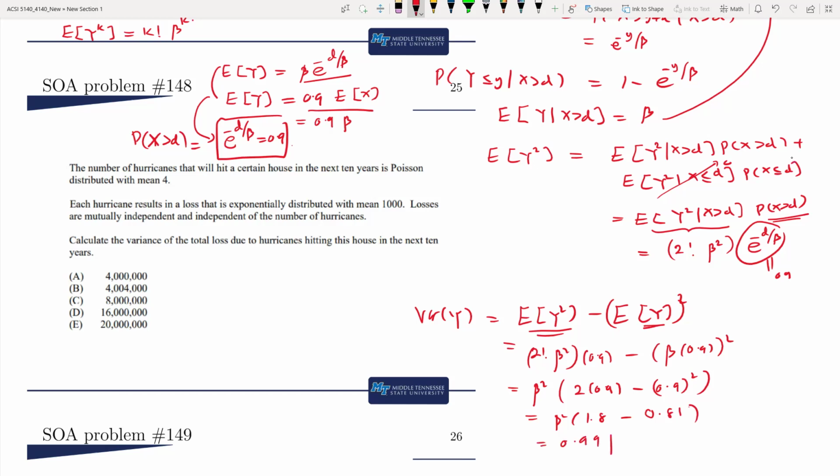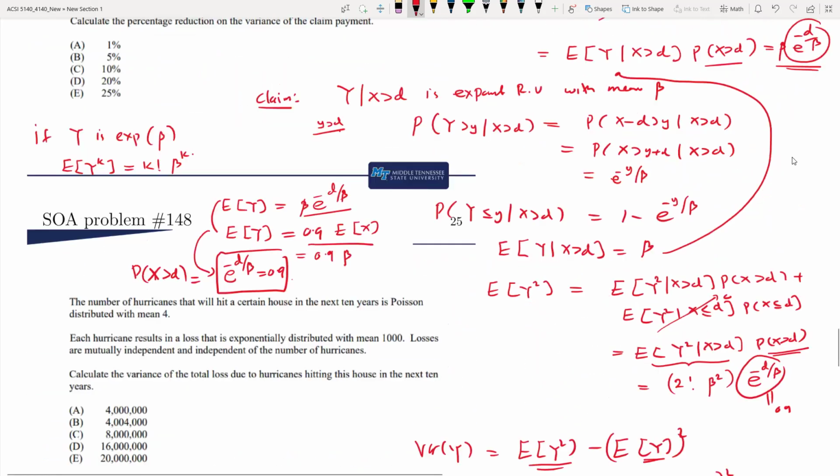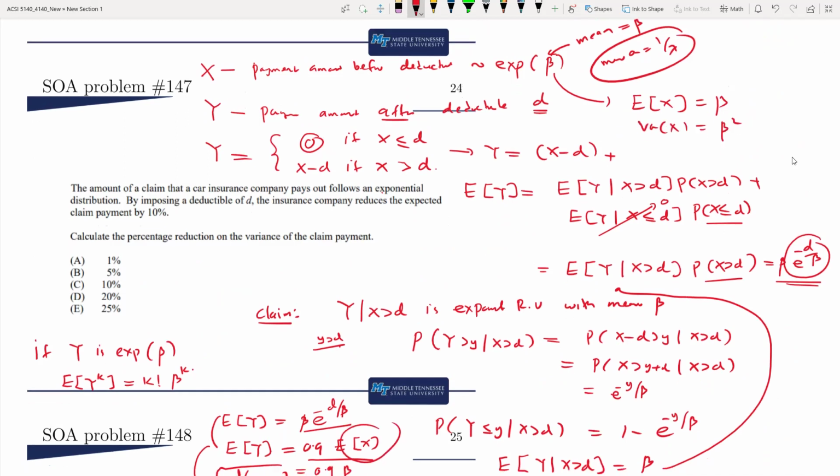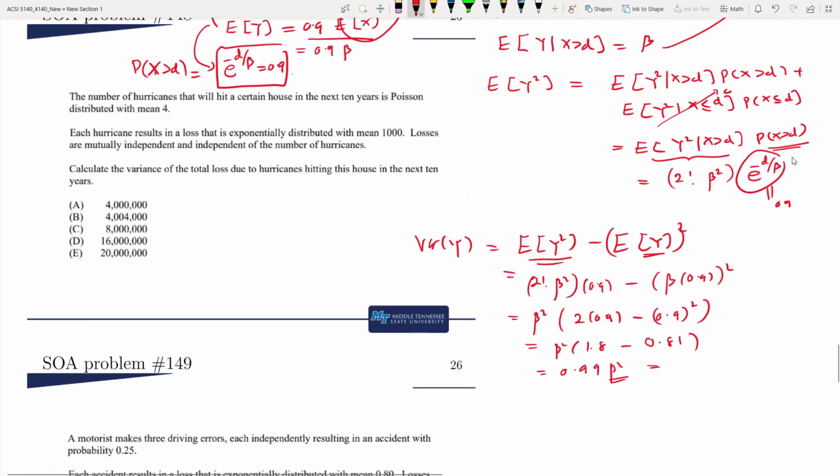0.99 beta square. But beta square is actually the variance of x. If you look at x, with parameter beta, that means E of x is beta, which we used right here, and then variance of x is beta square. So I can write this as 0.99 times variance of x. So variance of y is 0.99 times variance of x, which means basically a reduction of 1%.